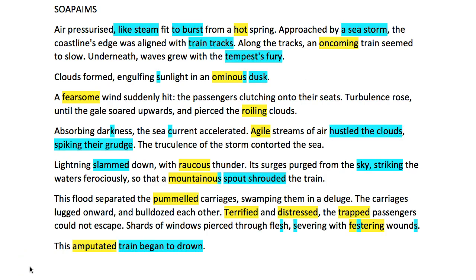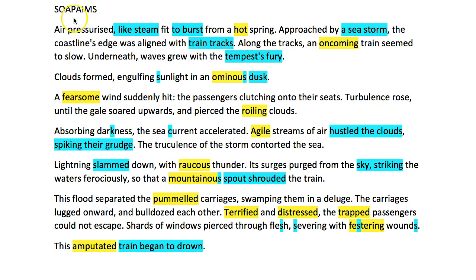Okay, next we need to look at those traditional descriptive techniques, which you've probably been taught as SOAP aims: simile, onomatopoeia, alliteration, personification, adjectives, imagery, metaphor, and the senses. So what you've already learned about the powerful verbs have all created imagery. And so that's already taken care of here.